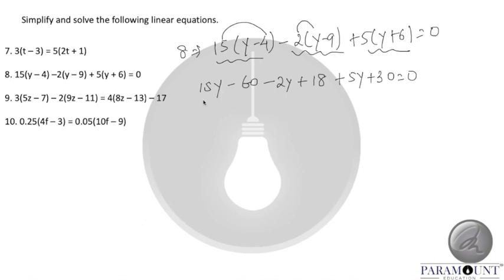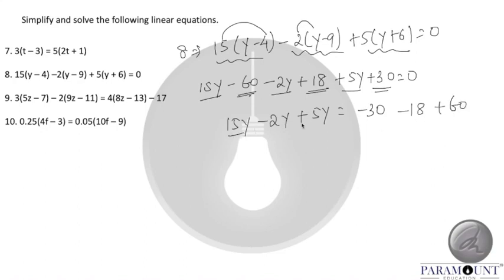Again we need to solve for the value of y first, and we need to take these constants together. So we need to keep the variables on one side and the constants on the other side. That is 15y minus 2y plus 5y is equal to minus 30 minus 18 plus 60.